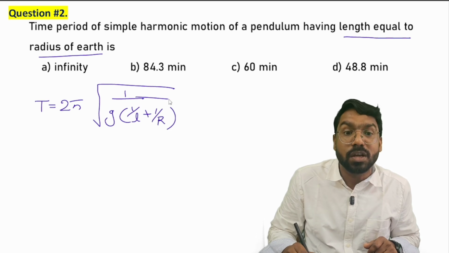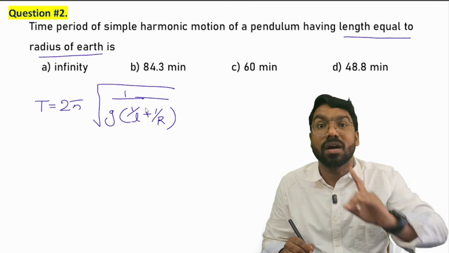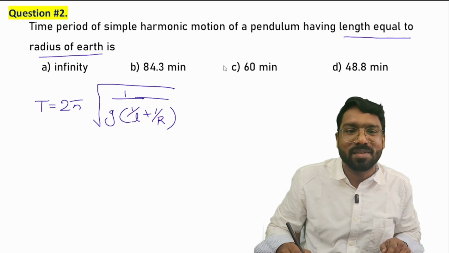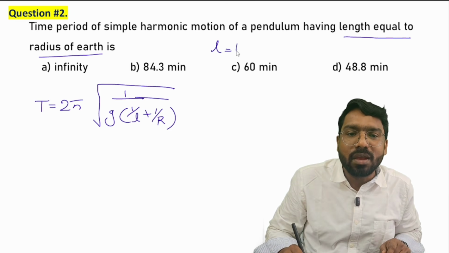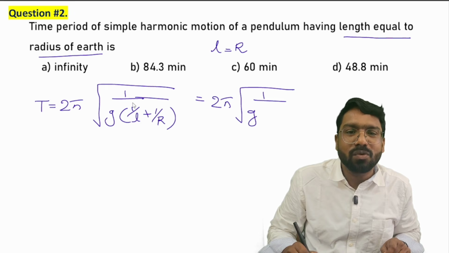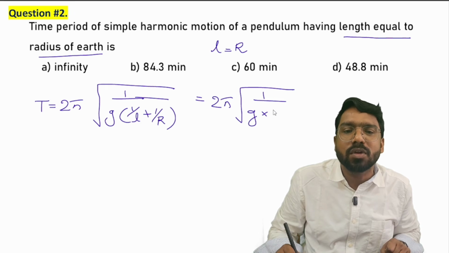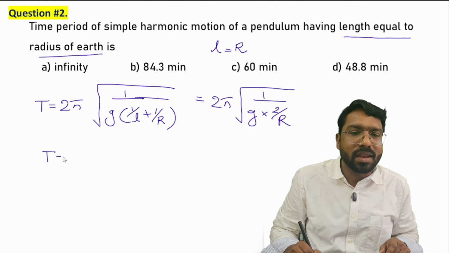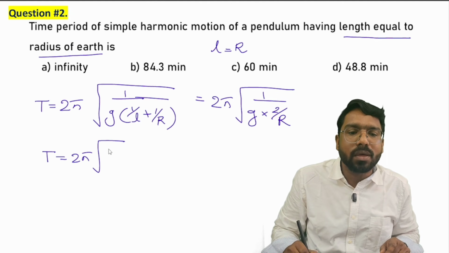Here we can't use 2 pi root L by g, and here we can't use 2 pi root r by g. Okay, so here L equal to R. So what will we get? 2 pi root 1 by g into 1 by r plus 1 by r. 1 by r plus 1 by r is 2 by r. So we will get T equal to 2 pi root r by 2g.